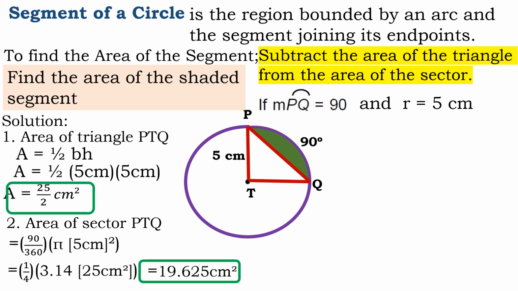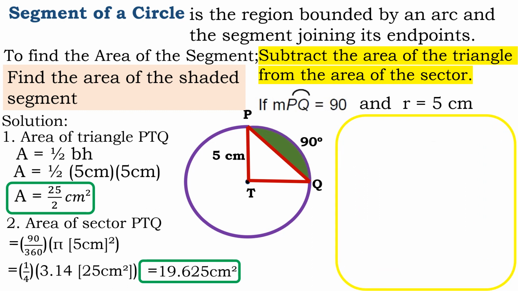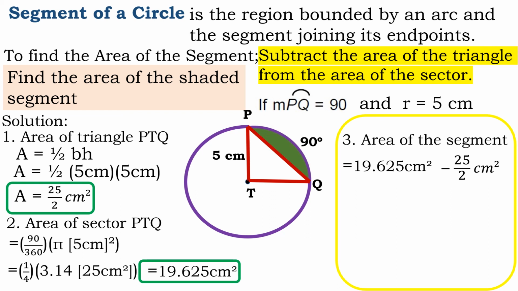Now let us find the area of the segment of a circle. Subtract the area of the triangle from the area of the sector. So the area of the segment is equal to 19.625 square centimeters minus the area of the triangle, which is 25 over 2 square centimeters.